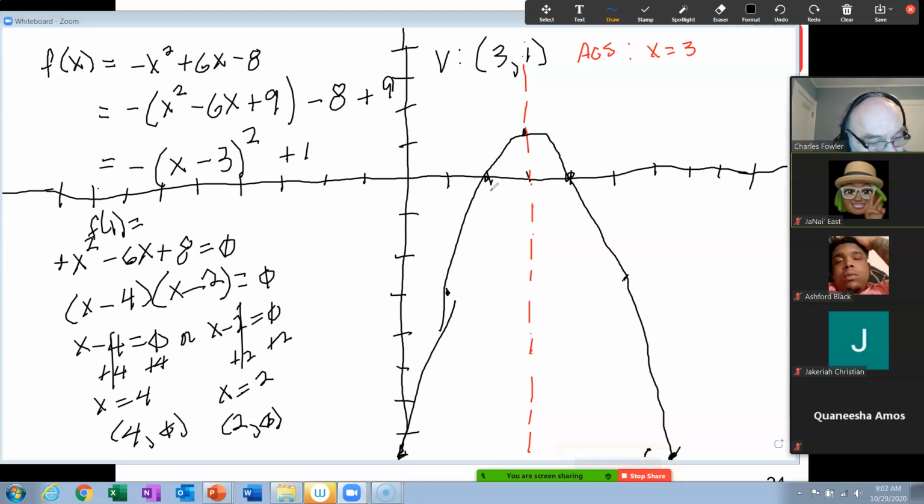Okay. Now in the book, they show that you shift it 3 to the right and 1 up from the origin here. They did f of x equal minus x squared, which would have been a function like this. Shift it right 3, up 1. Yep, we got it. I don't usually mess with that, but you certainly can.